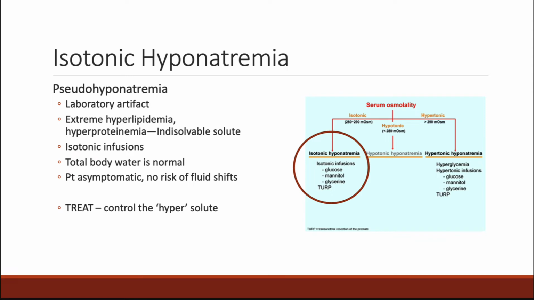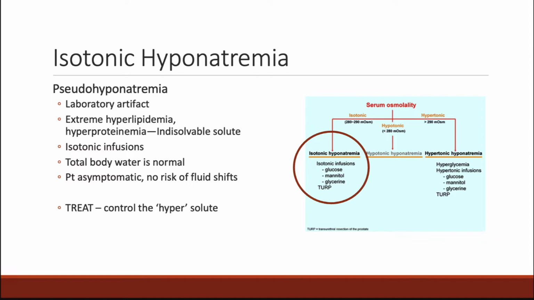So for isotonic hyponatremia, this most commonly is pseudo-hyponatremia. The patient is getting an infusion of some isotonic fluid, like glucose, for instance, or sometimes they've had a TURP, and that affects the sodium content of the blood.